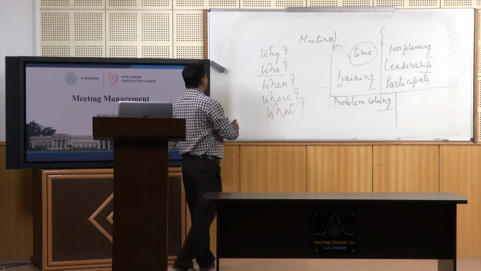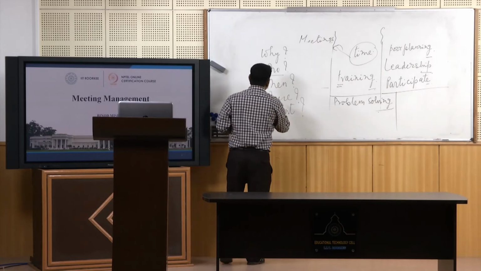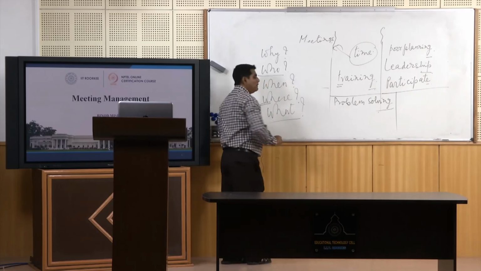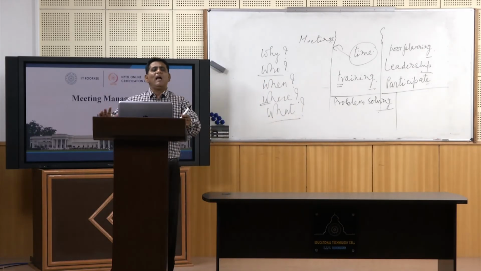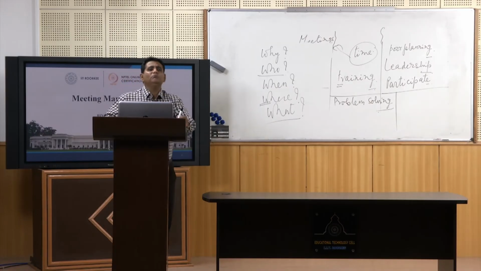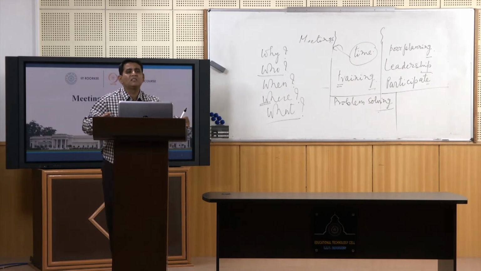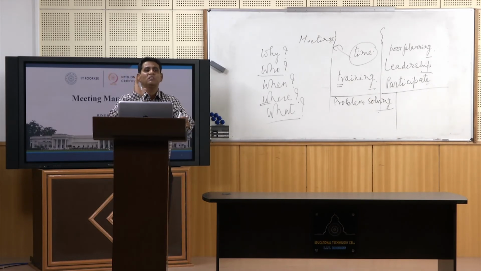And then what would be the appropriate location, and then what other things are required for the meeting. In some way or the other, as we have talked earlier, an agenda is always circulated, because the agenda gives the members first hand information about the items that will be discussed in a meeting.